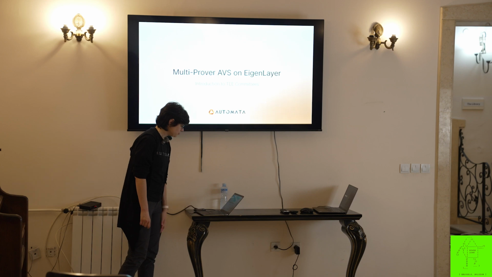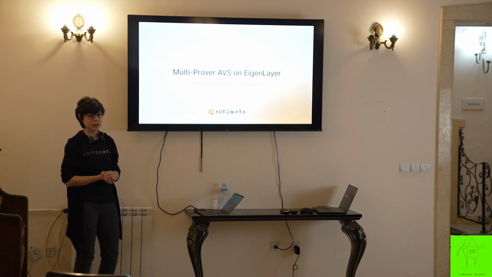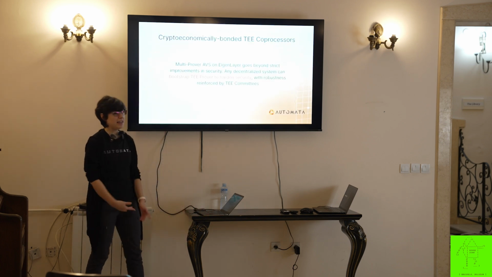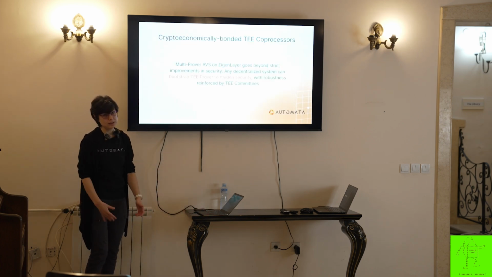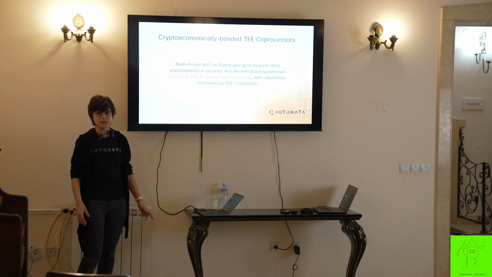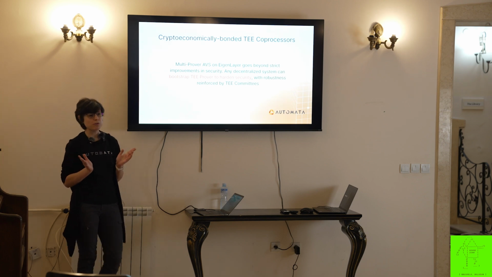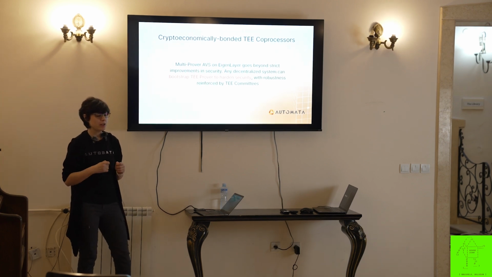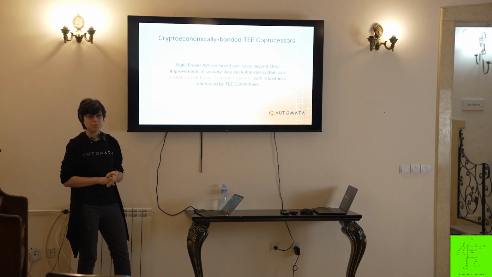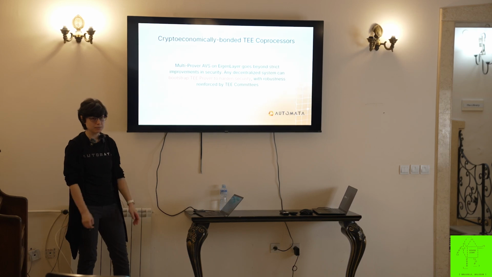Okay, so lastly, I would like to say a couple of words about our AVS. The AVS gives the TEE prover crypto-economic security. If, let's say, currently the TEE operator doesn't want to provide the multi-prover service for the Scroll rollup anymore, then it can disconnect the TEE from the network, and that will be a problem.